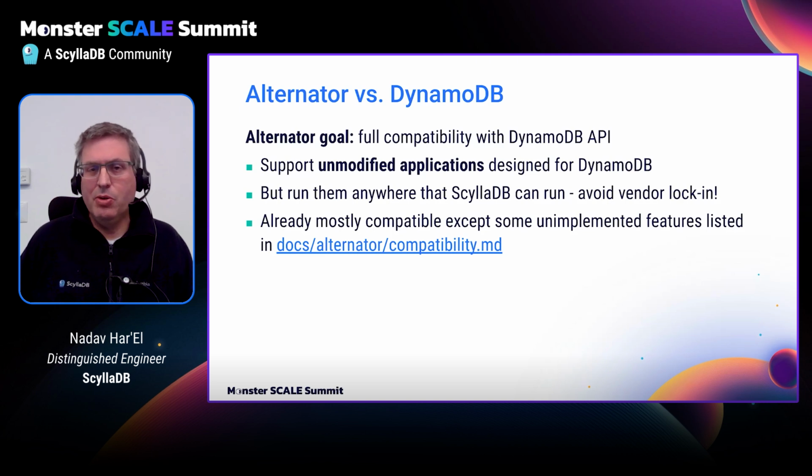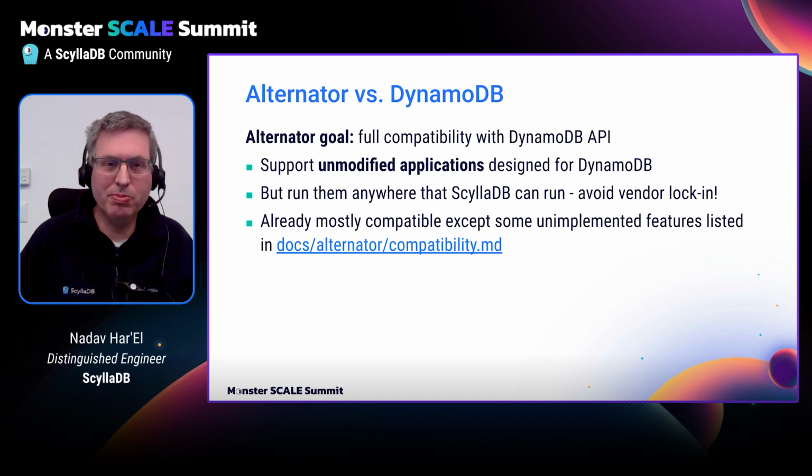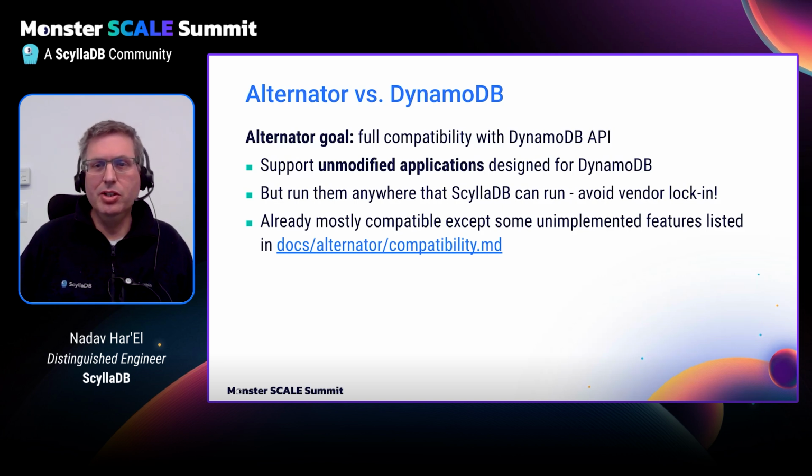And now you can run those applications anywhere. You can run it without needing to connect to AWS. You can run it on premises or on different clouds and avoid the vendor lock-in. And the goal is to have full compatibility.